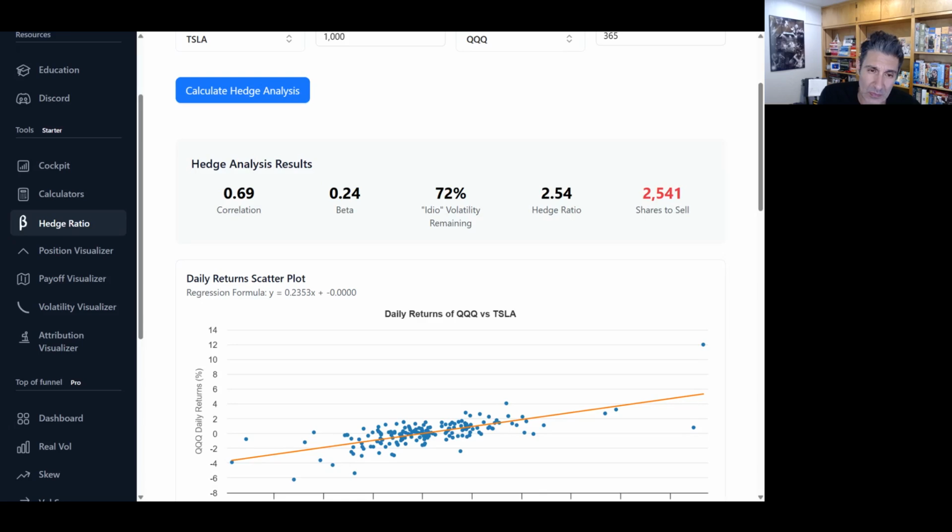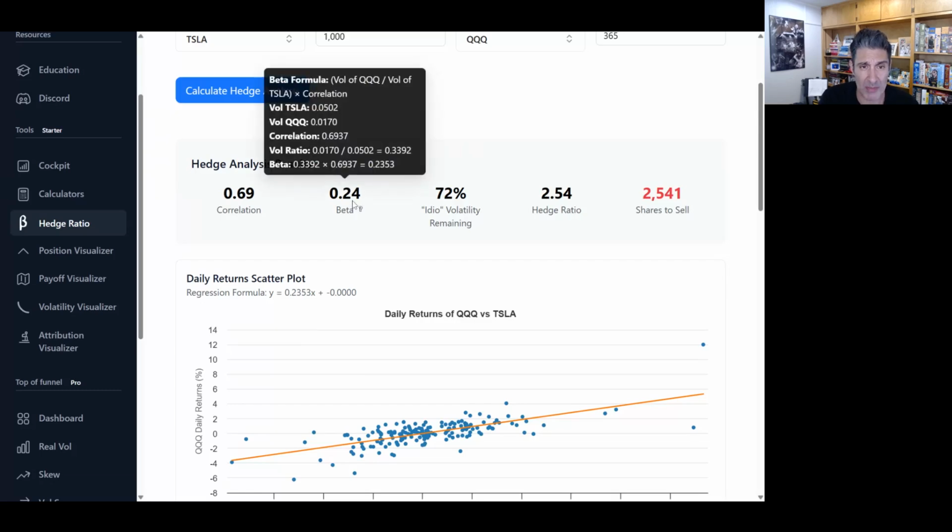Now, we know Tesla is more volatile than the Qs, right? And actually, we can look at the tooltip here. The daily volatility over this entire sample period of Tesla is about 5% a day, and the volatility is 1.7% a day for the Qs. So Tesla is about 3 times as volatile as the Qs are.